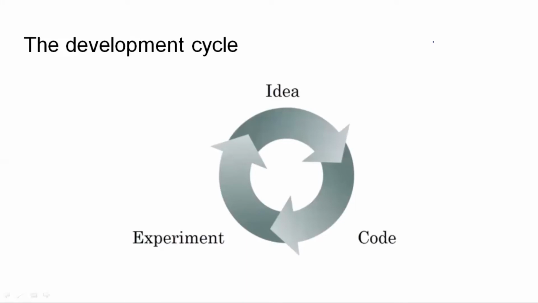This is basically the neural network, or a basic machine learning, development cycle. In this cycle, you can see that there are 3 phases. The first phase is the idea phase, the second is the code phase, and the third is the experiment phase. In the idea phase, we take an idea and implement it on our neural network or machine learning algorithm.